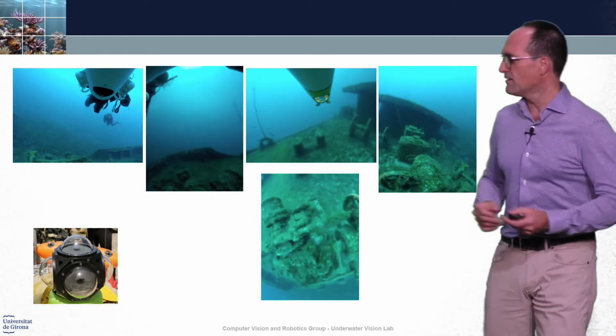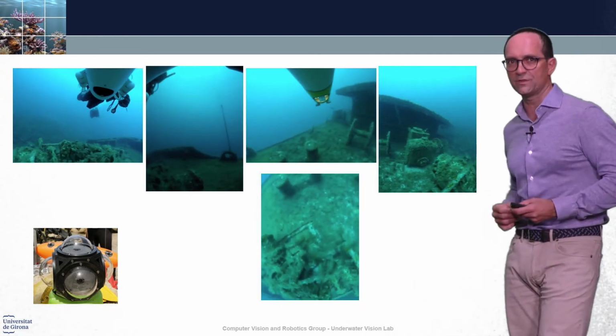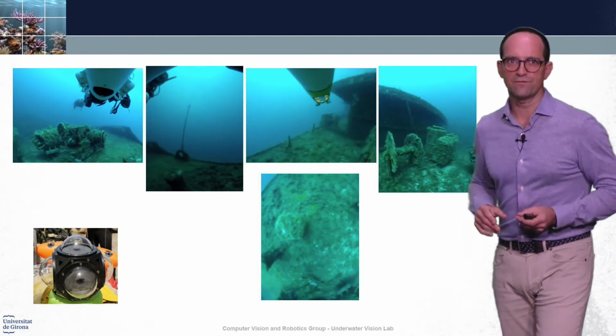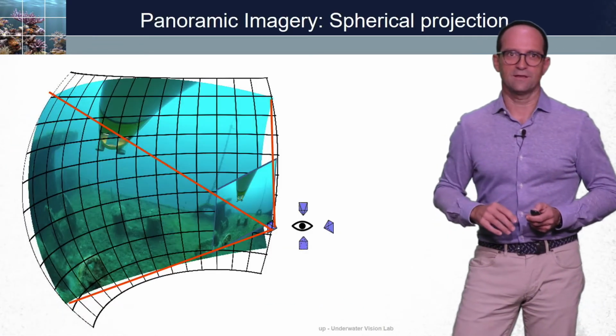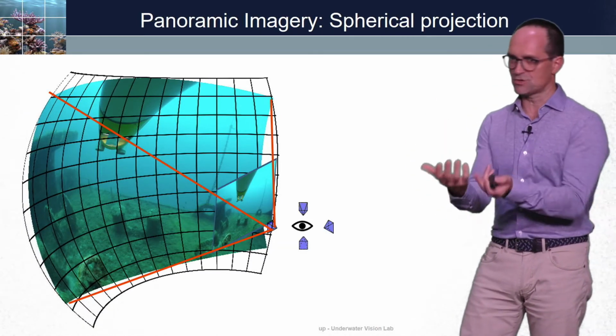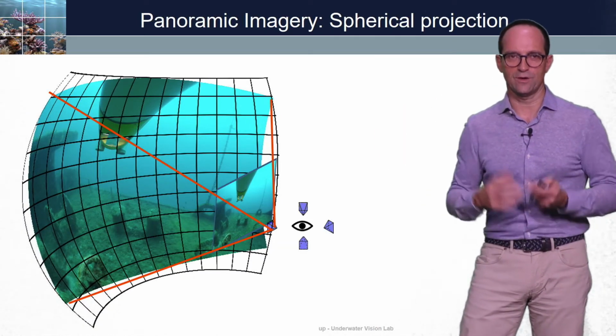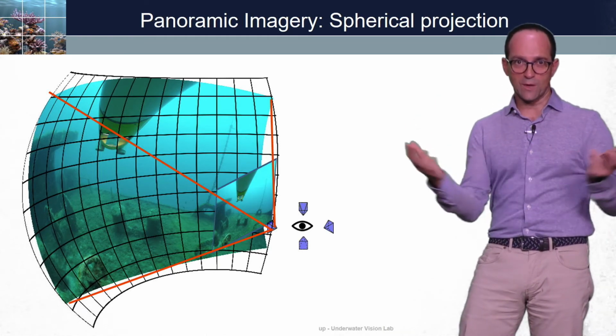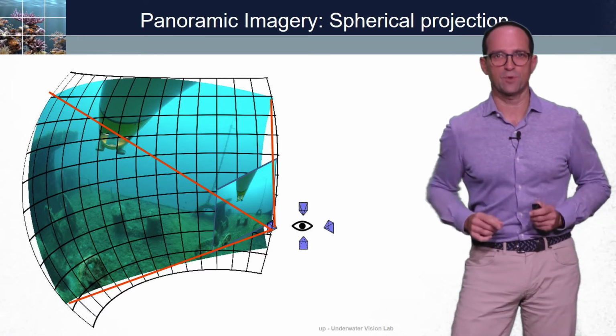Here you have 5 images collected with this type of system. Then we can take this stream of images and place them using a spherical projection on a sphere, in fact, and with that we will have this omnidirectional view. But we have a problem here.